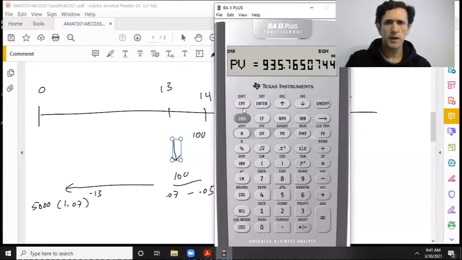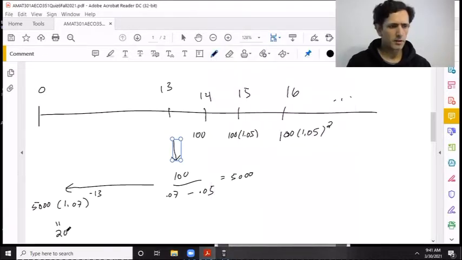Just dump this into your calculator: 5,000 times 1.07 to the minus 13, which gives 2074.82. I'll just do it also, so you can check that we get the same answer.